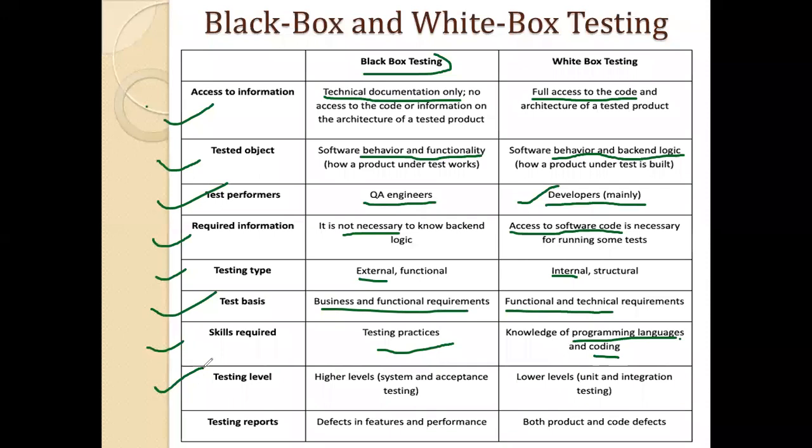Then testing levels. Higher levels like system and acceptance testing are checked under black box testing, whereas in white box testing the lower levels apply, like unit and integration testing.